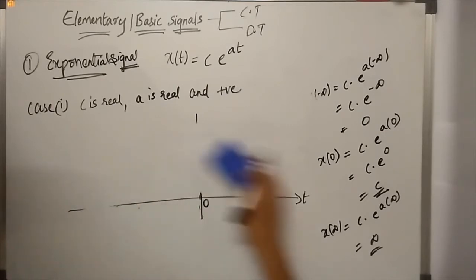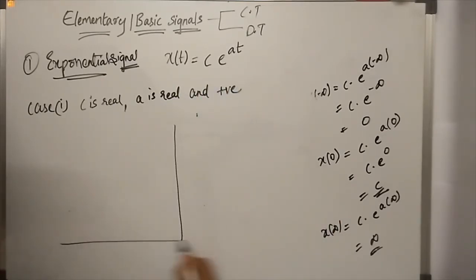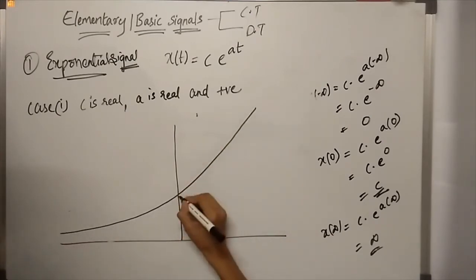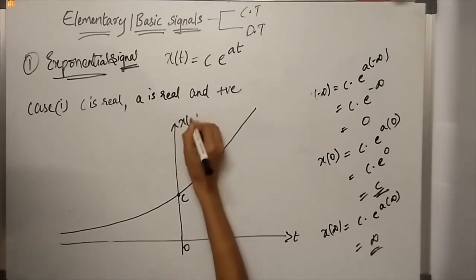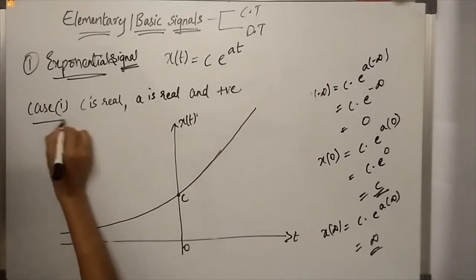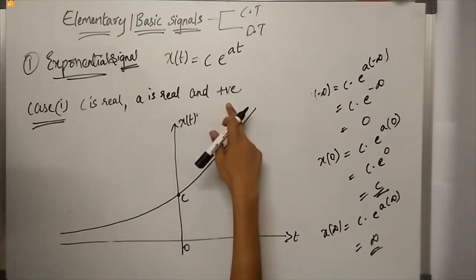I will just plot it once again. So this is an exponential signal. So case 1, C is real, A is real, and I am assuming both the real values as positive.